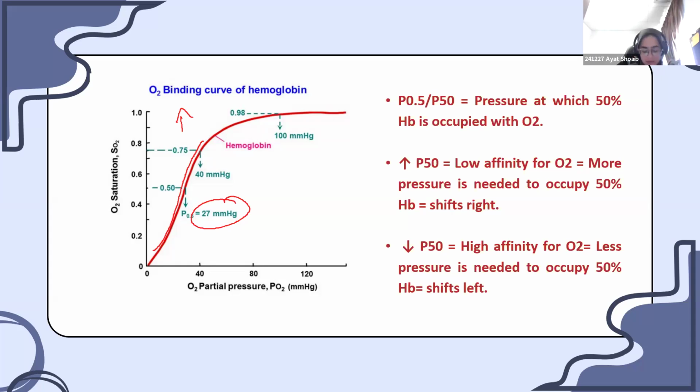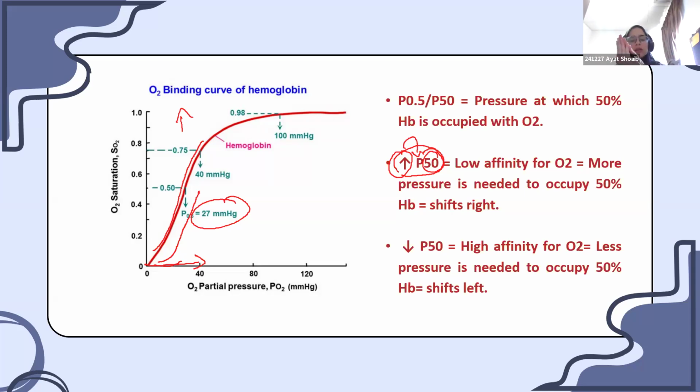Let me talk about this first. If I need a high P50, I need a high pressure to attain 50% saturation. So the curve moves to the right. What does this mean? It means I have a low affinity for O2 because I have a low bond with O2.